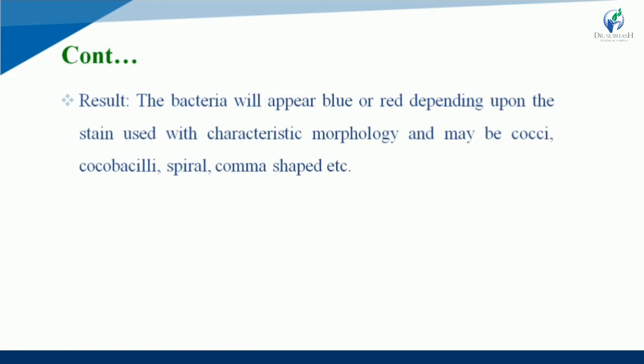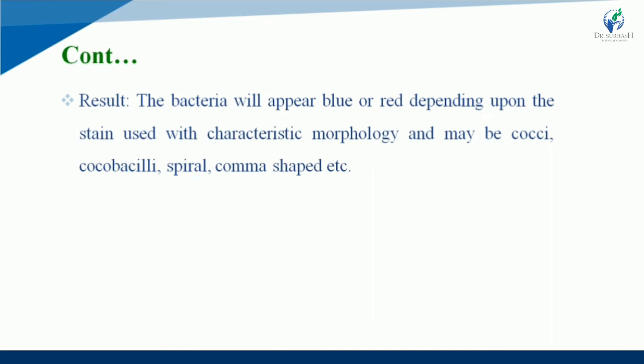What was the result? The bacteria will appear blue or red depending upon the stain used, with characteristic morphology, and may be cocci, cocobacilli, spiral or comma shaped, etc. So what was the result of the simple staining method?